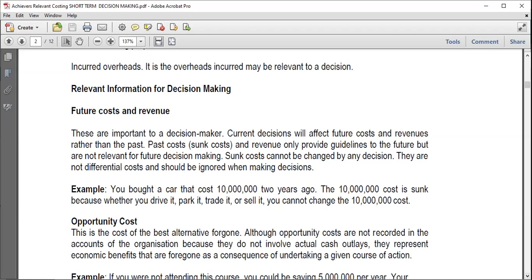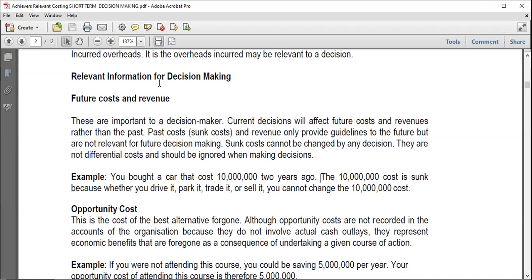Now, apart from relevant information being future information, future costs and revenue, we also have an element of opportunity cost when it comes to relevant costs, and of course, relevant information for decision making.